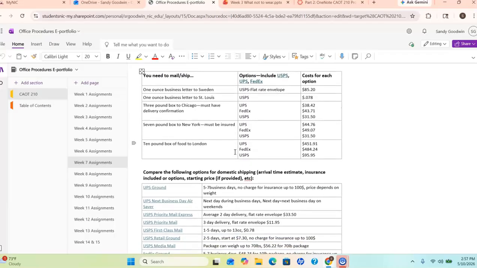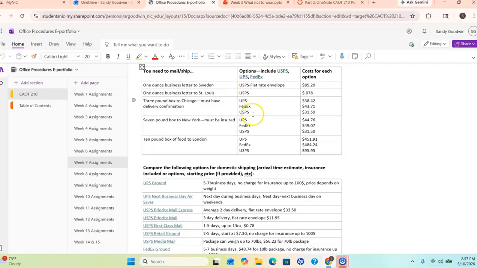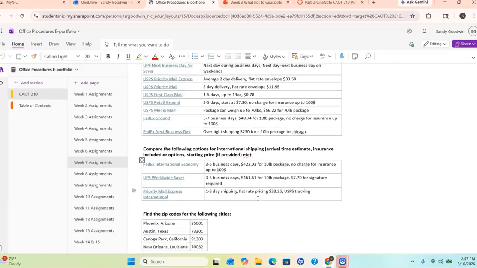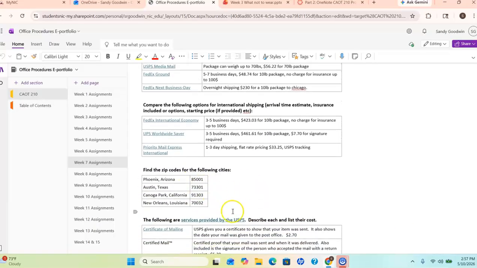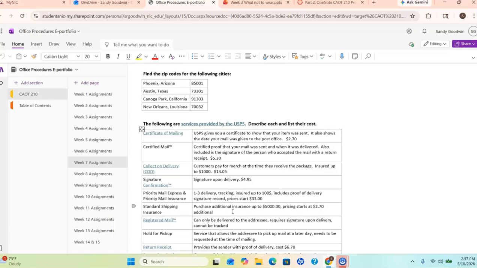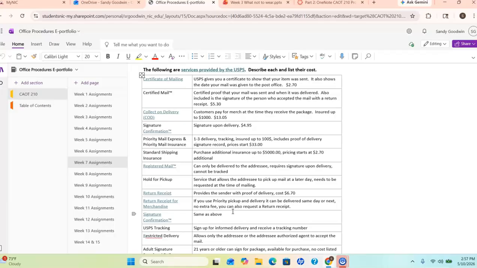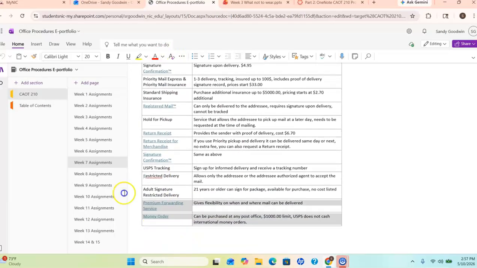So we researched UPS, FedEx, USPS, checked for costs, checked what they offered as far as special deliveries, what they can deliver, how much it is per pound, zip codes. All of these services are offered by the USPS, which is great.